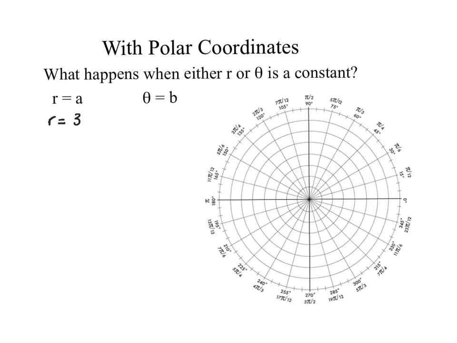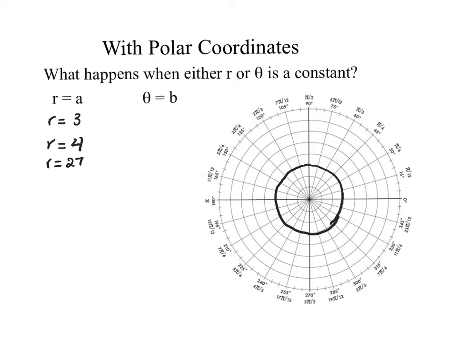So the single variable r equals 3 is actually a circle with a radius of 3. And it kind of goes along the radius 3 line, creating that circle. If we're talking about r equals 4, then this would be a circle with a radius of 4. If we were talking r equals 27, this would be a circle with a radius of 27.